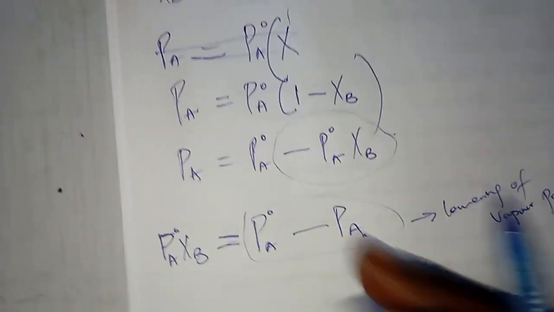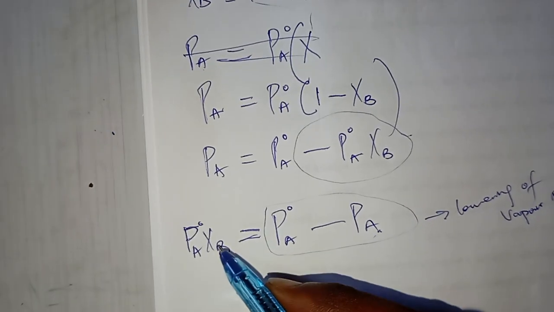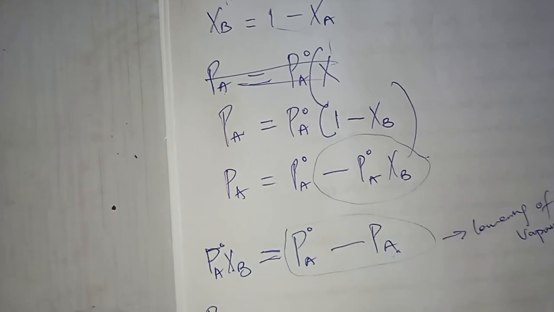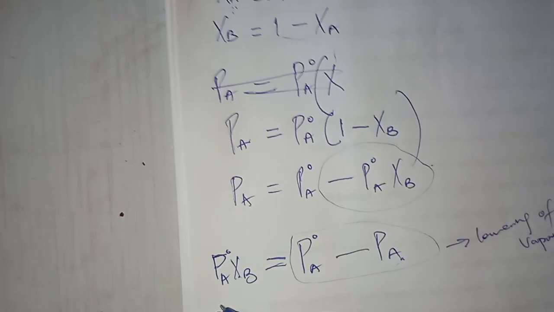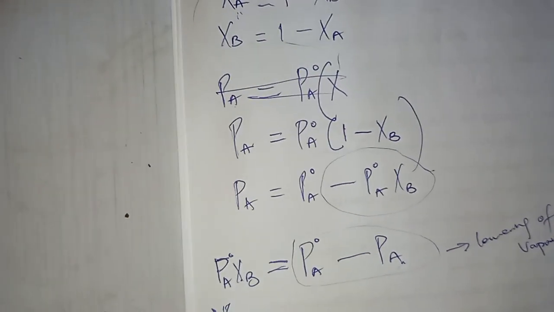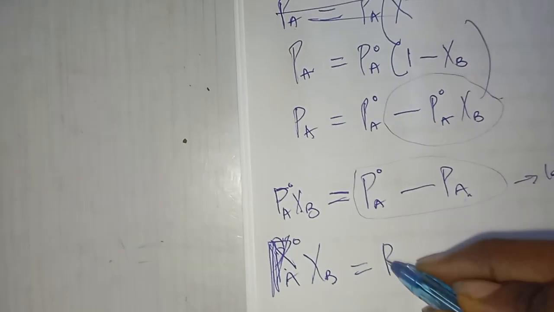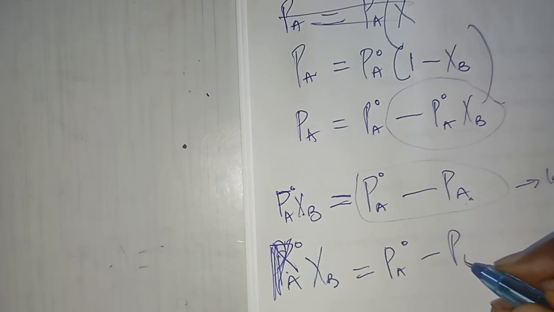Now to make mole fraction the subject of the formula: PA naught XB is equal to PA naught minus PA.